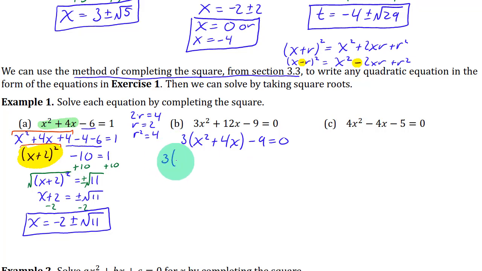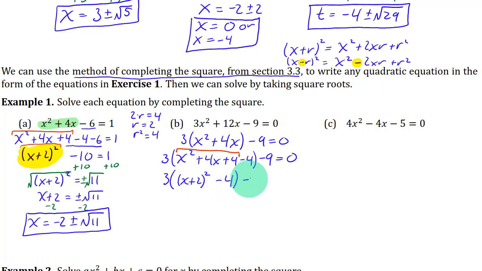So this is going to turn into 3 times x squared plus 4x plus 4 minus 4, all in the parentheses, so that this part here can now be a perfect square trinomial. And then there's still the minus 9 on the outside. So this part in the bracket is going to turn into x plus 2 squared minus 4, and then a minus 9 on the outside equals 0.